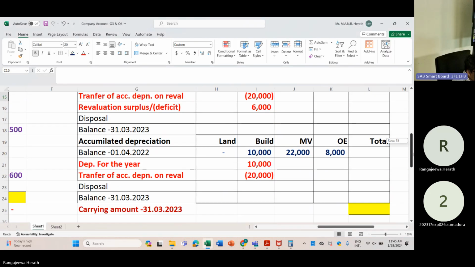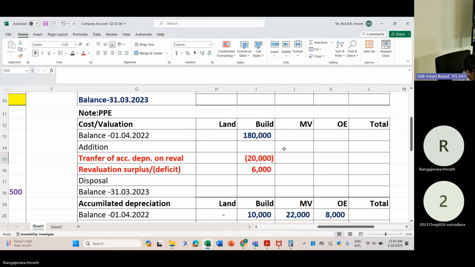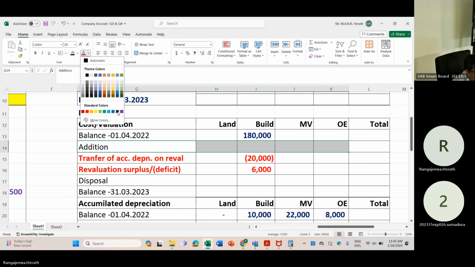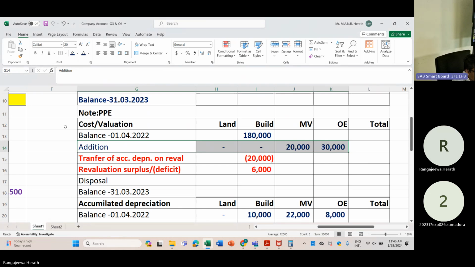In the note we can show additions: motor vehicle 20,000, office equipment 30,000.